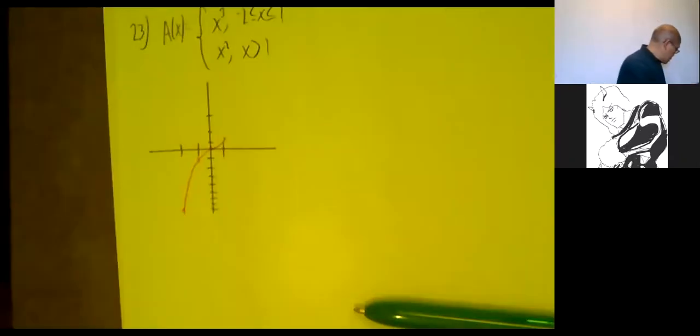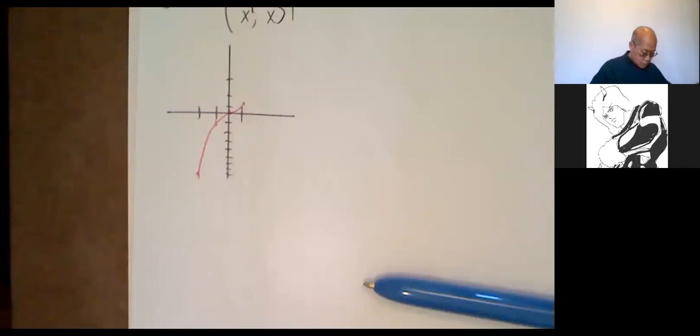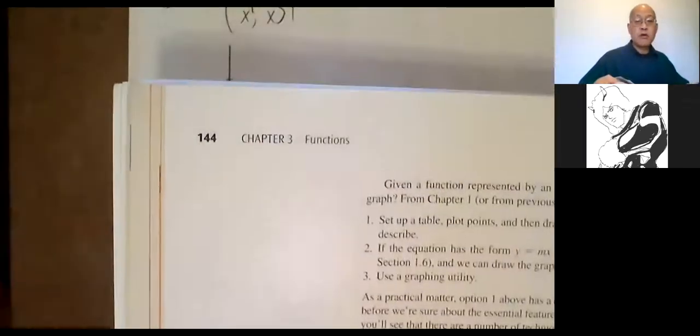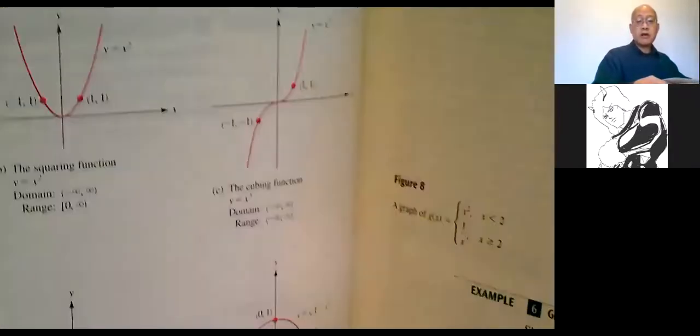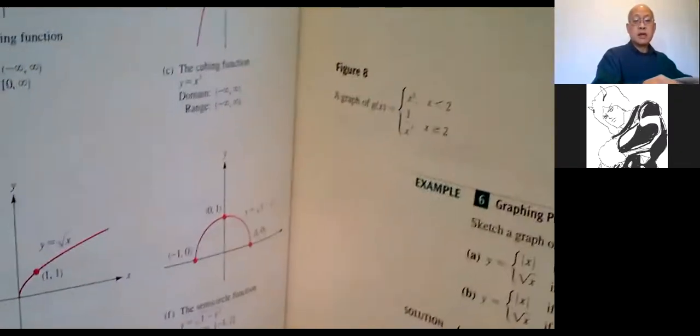Okay, and as a reminder, we have all these graphs in the text. So back on 144, absolute value, x squared, x cubed, right? 1 over x, square root of x, and semicircle function.